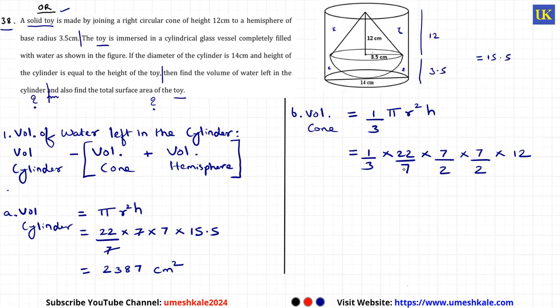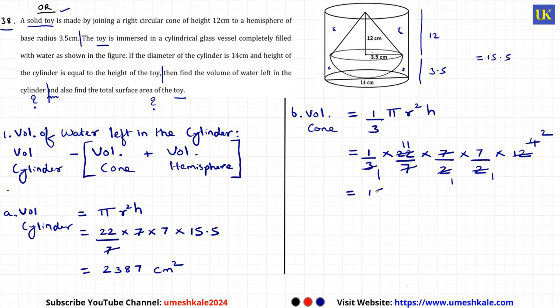Now we will cancel them. So 7 and 7 can be cancelled. Then 3 ones are 3, 3 fours are 12. 2 ones are 2, and 2 twos are 4. Just multiply the remaining things.